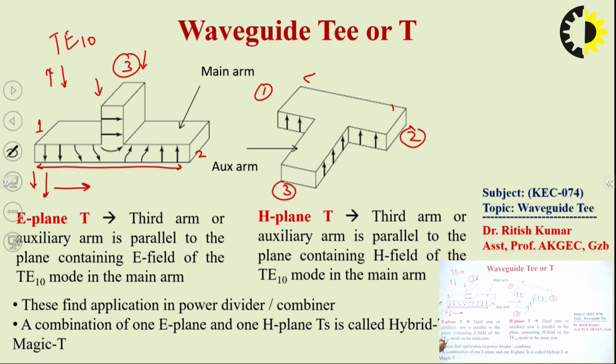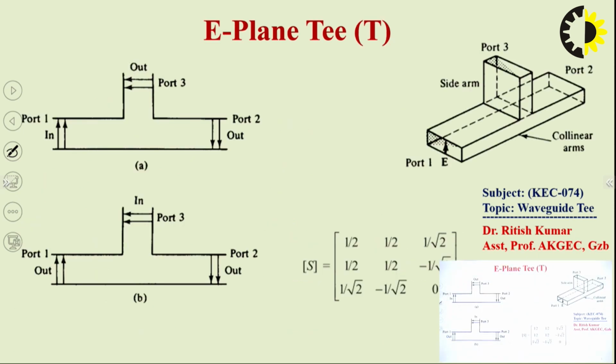Now there can be two cases in the E-plane tee and H-plane tee as well.